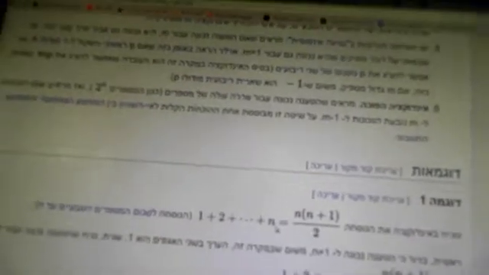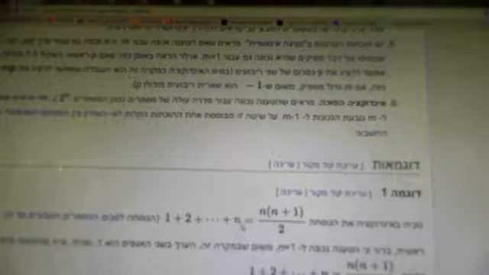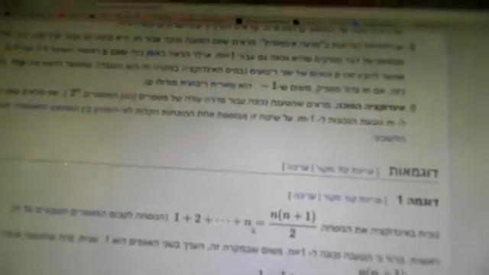This is the first step that is called the base case, and then when we pass the first step of the mathematical induction, we go to the second step, that is the inductive step. What is the inductive step?